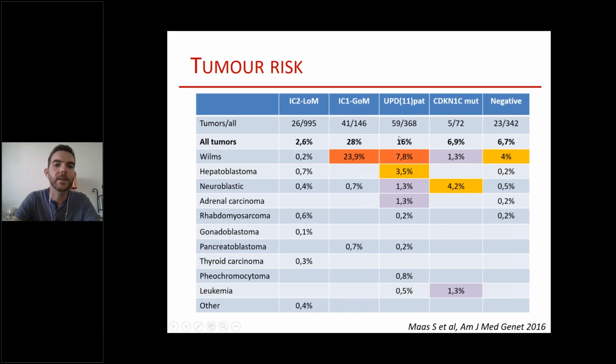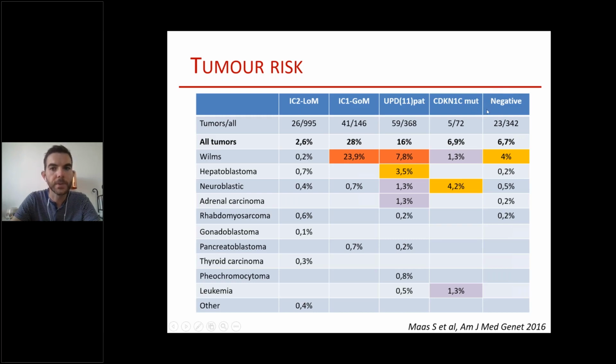And the risk is particularly elevated for Wilms tumor. So these 2 subgroups represent the high-risk group. We define 2 groups with an intermediate risk, which is represented by the patients with CDKN1C mutation and those patients with a clinical positive score but no molecular defect identified.